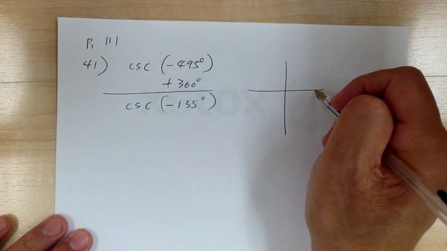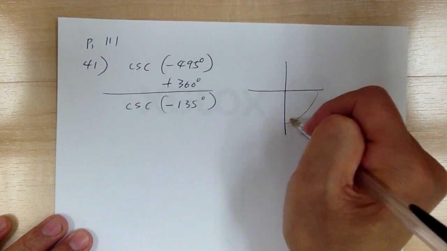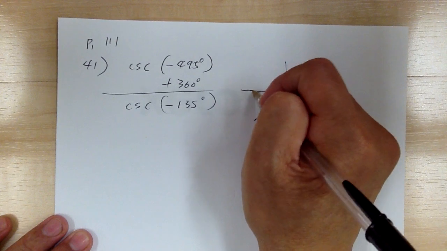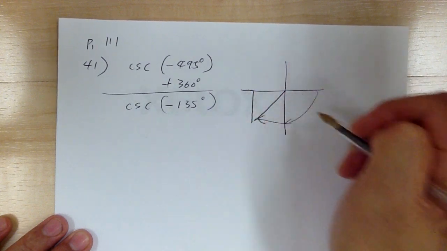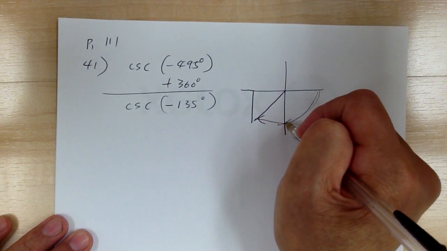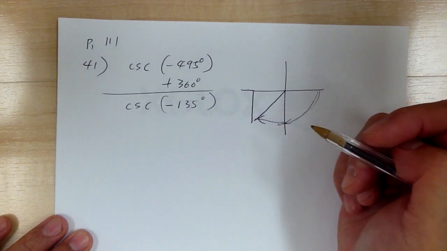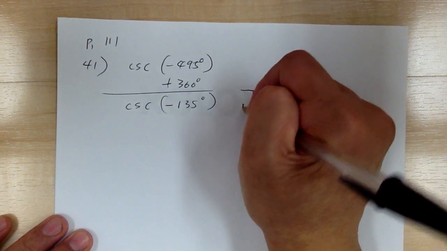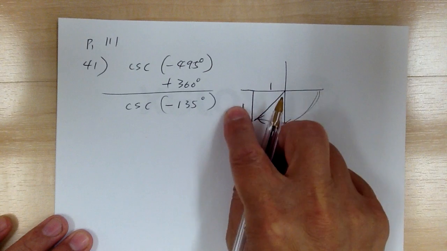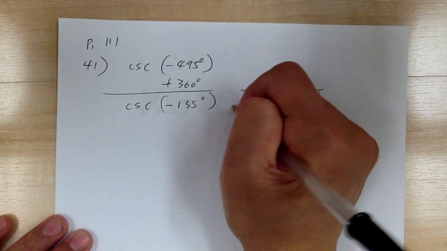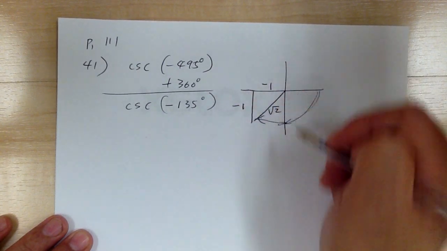Negative 135 is going to be right over here, because this is negative 90 and another 45 will give you negative 135. So this would be 1, 1. Get the length first, then you get the direction. So it would be negative 1, negative 1, and this would be square root of 2.